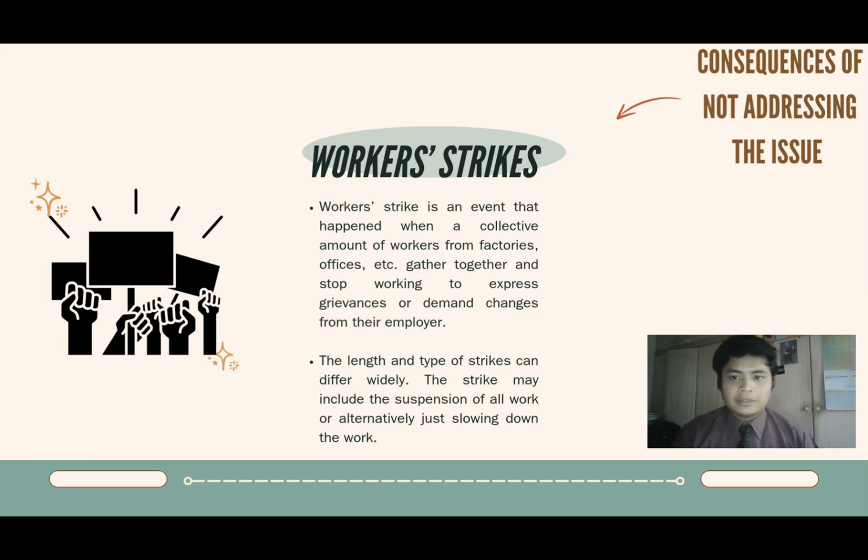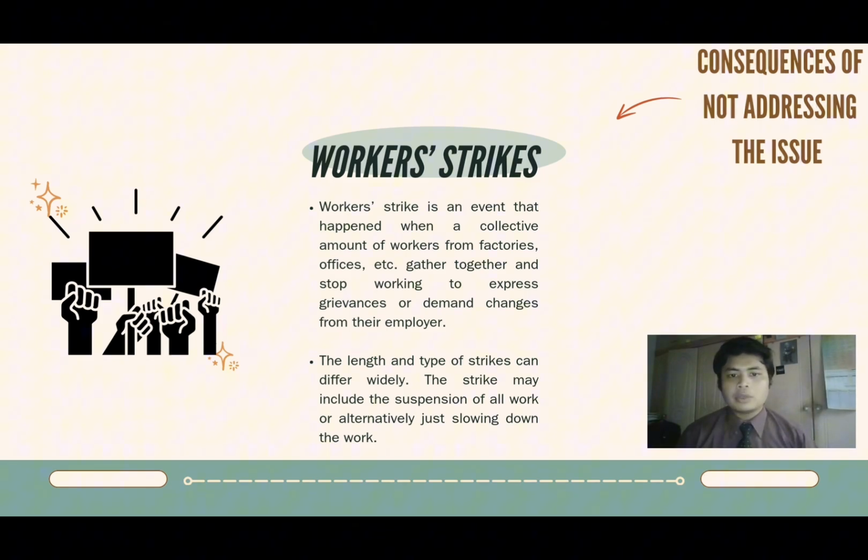A worker strike is an event that happens when a collective amount of workers from factories, offices, etc. stop working to express grievances or demand changes from their employer. The length and type of strikes can differ widely, and the strikes may include the suspension of all work or alternatively just slowing down the work.